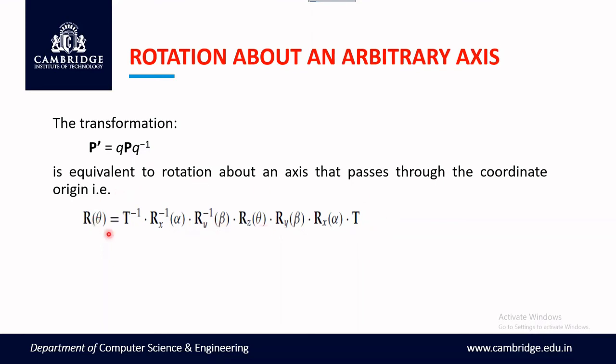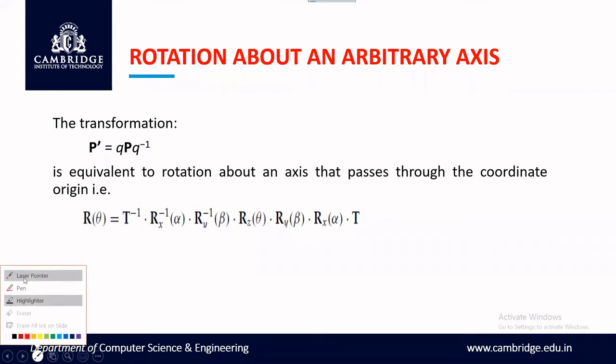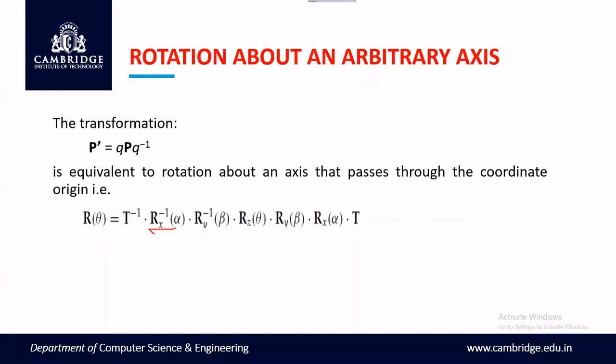This is what we did 2-3 classes before when we did rotation about an arbitrary axis. This is the set of transformations that we got, the 5 rotations to be done as a sequence.